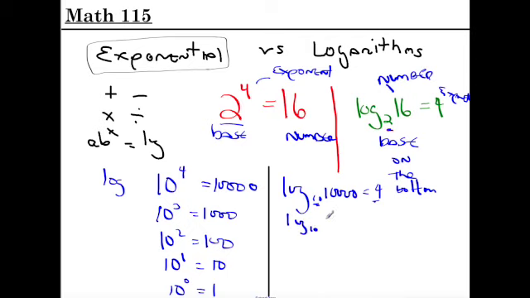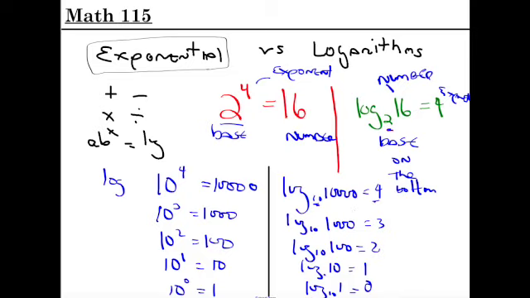Log base 10 of 1,000 equals 3. Log base 10 of 100 is 2. Log base 10 of 10 is 1. And log base 10 of 1 will be 0. So 10 to the 0 power will give me 1.